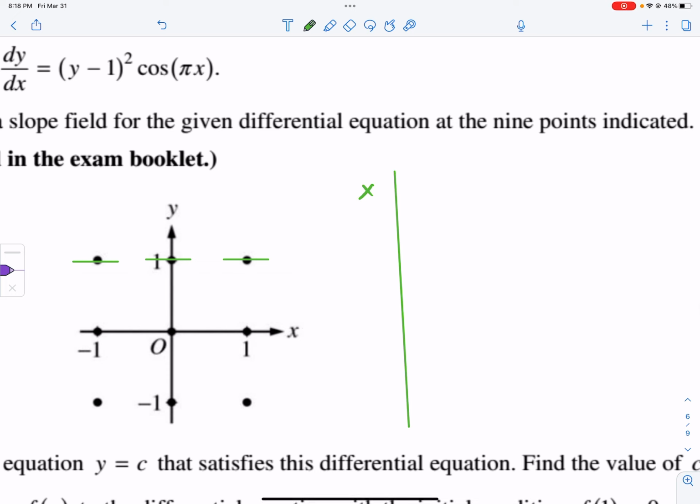I don't know if there's really trends that are happening. You could see if you could spot anything. It's not really that many points. So x, y, and then dy over dx.